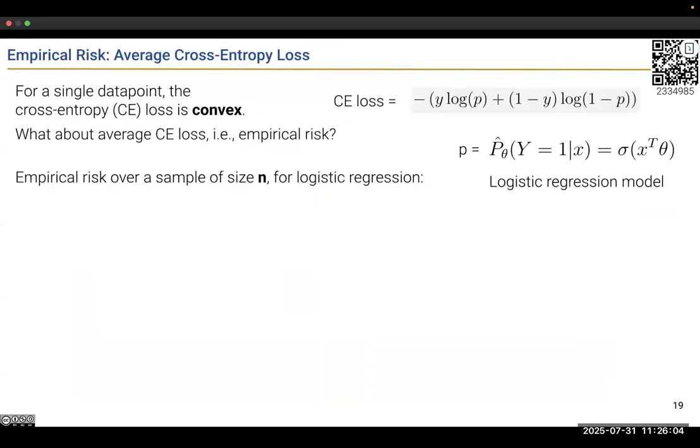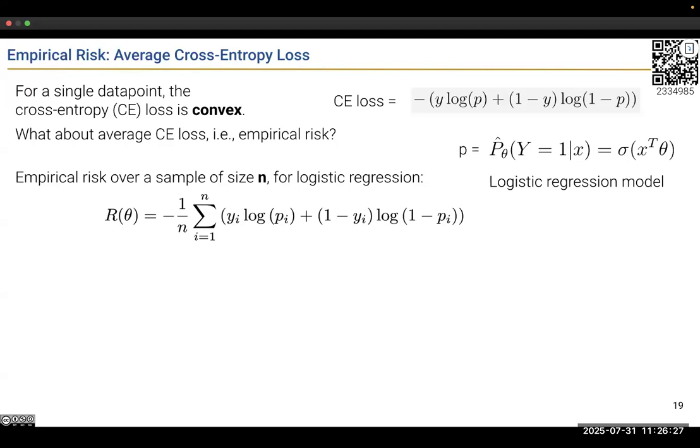Anyways, for a single data point, the cross entropy loss is convex, which is not true for the L2 loss under logistic regression. And what about for the whole data set? This is kind of the same idea.